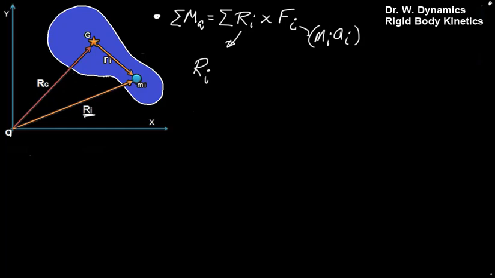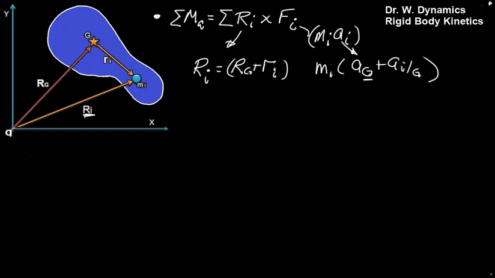So Ri is Rg plus little ri vectorially. And Ai could be written also as A of G plus Ai with respect to G. And again, this would account for any accelerations about G. And our goal here is to try to bring the moments about G into this equation.